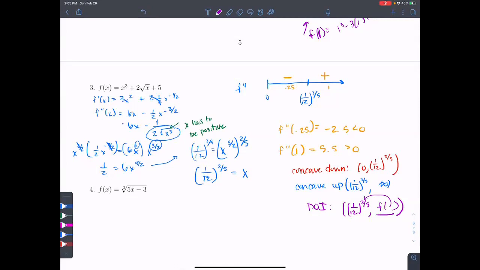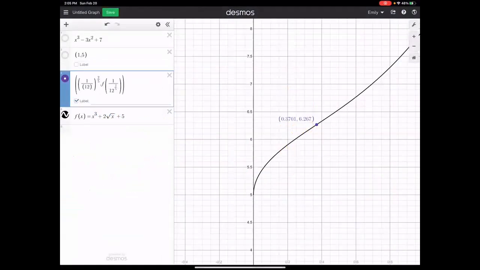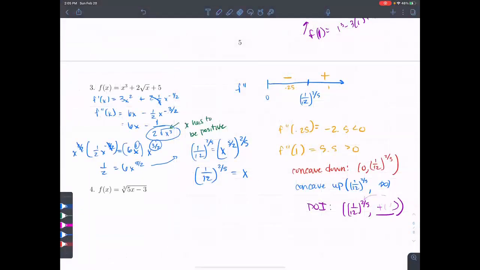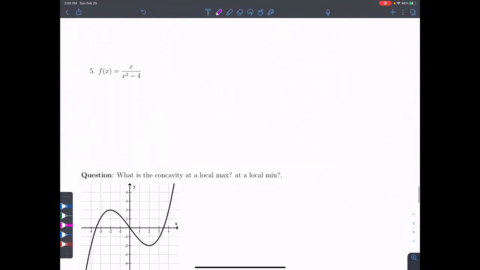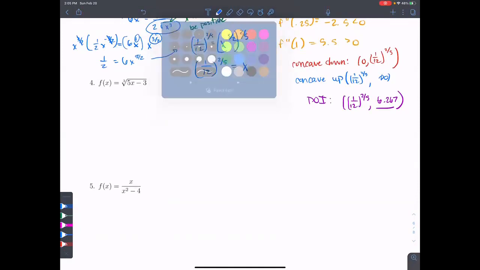Oh wait, it's on here. We have it here. It's 6.267. Okay, let's do these last. Let's actually just do both of these examples.